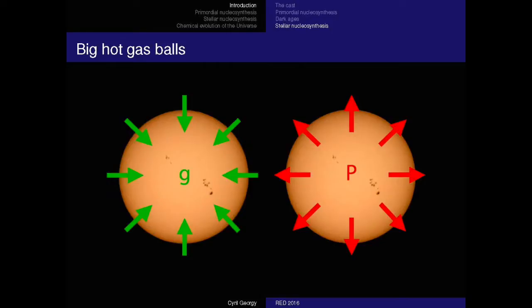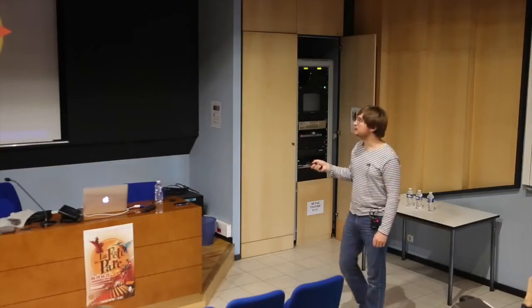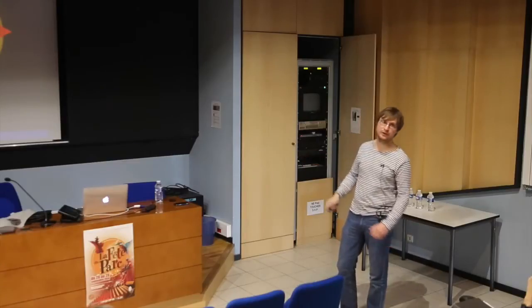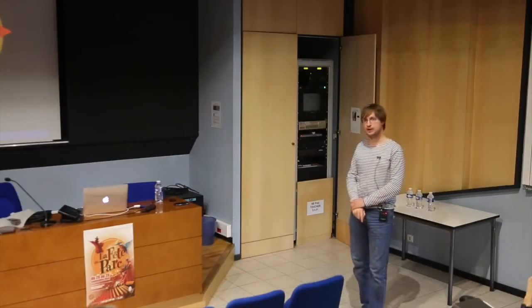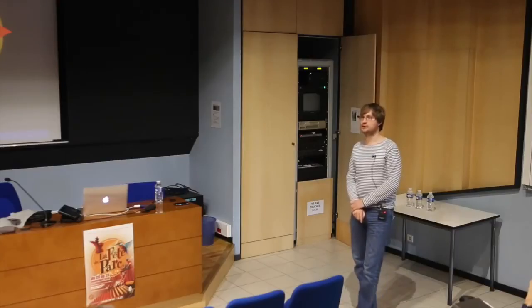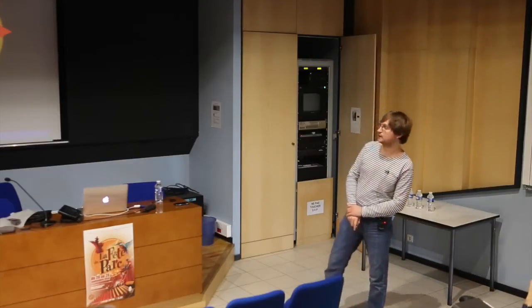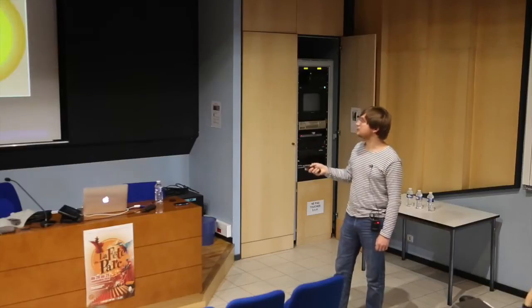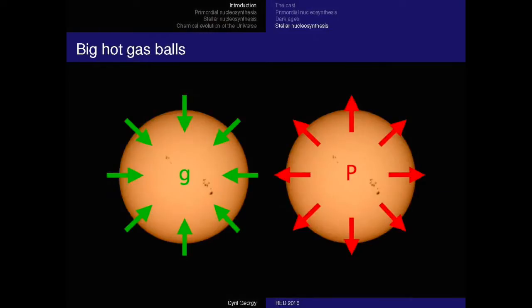To produce the needed pressure to sustain the self-gravity of the star, you will produce quite a hot temperature at the center of the star. You probably know that when you compress a gas, you tend to heat it a lot. So at the center of a star, you will reach a very high temperature that will allow building the first chemical elements.